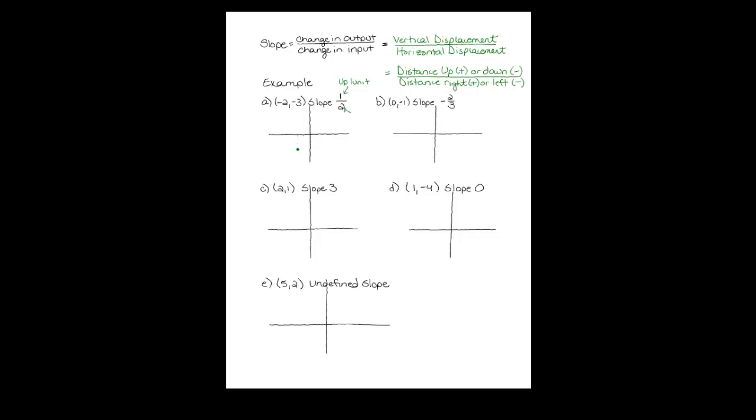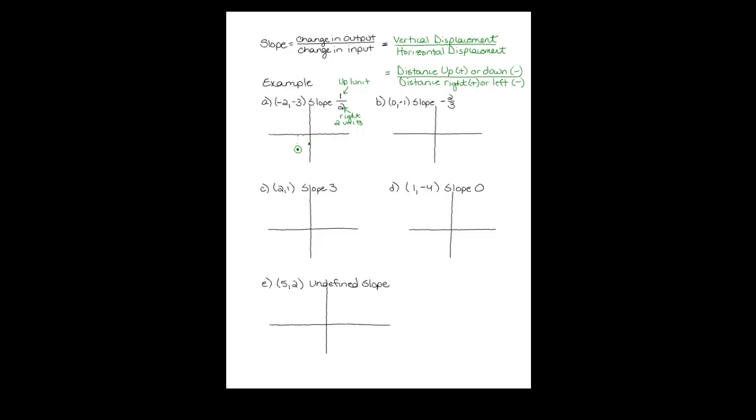A positive 2 in the denominator tells us that we're going to move to the right 2 units. So starting from this point here, this -2, -3, you have to have a point to start from, you're going to move up 1 unit and to the right 2 units.